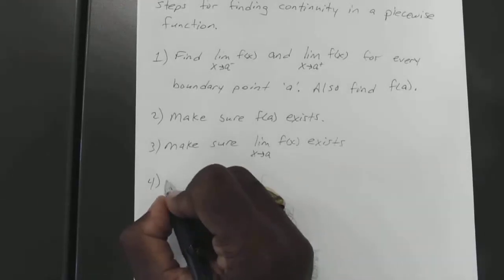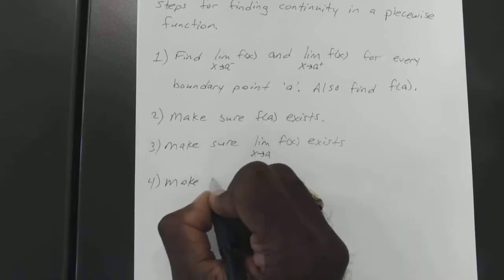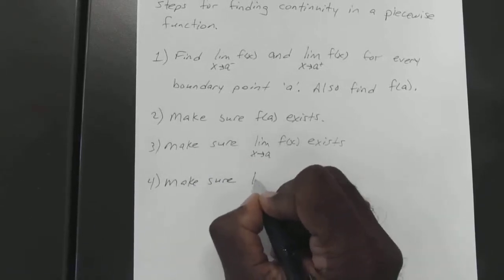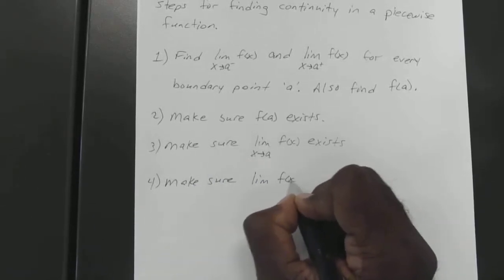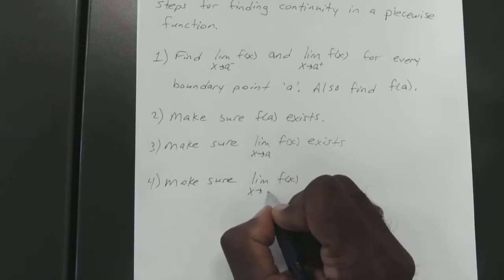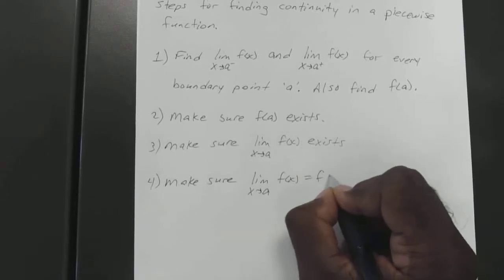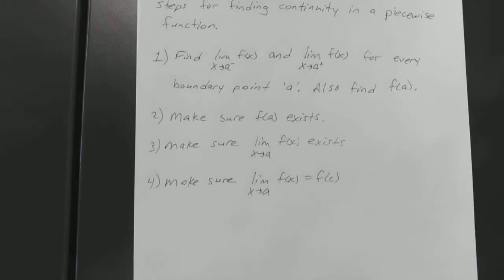And 4, you want to make sure the limit of f of x as x approaches a equals f of a. So really these are all the steps for continuity. The only difference is with a piecewise function, you have to do it more than one time. With just a regular function, if you solve it once, you're done. Piecewise, you have to do it a couple of times.